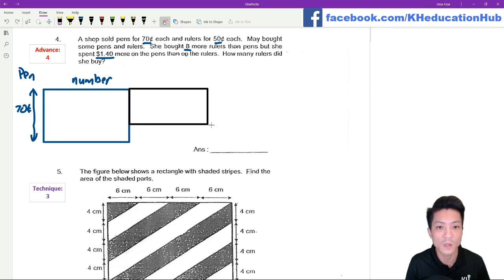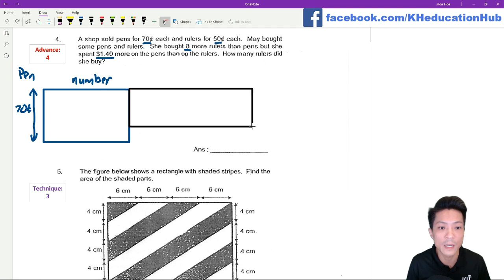Okay, the black color box is for the rulers, 50 cents each, and there is 8 more, so I'm going to draw it longer. And here to here will basically be the 50 cents. This is the black color box for the rulers.